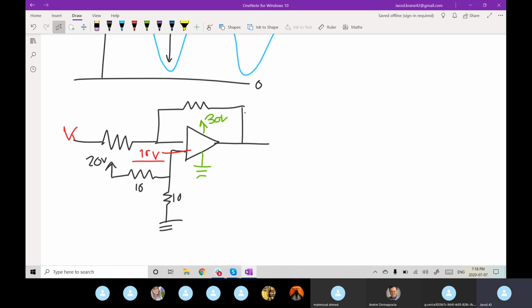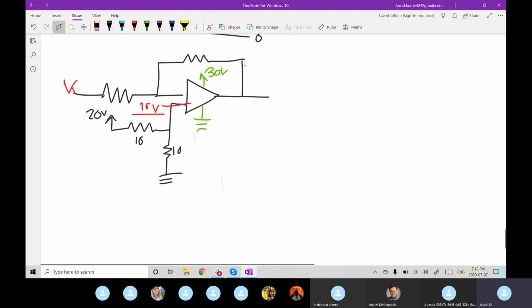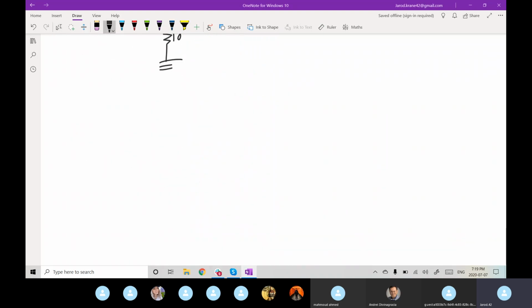Okay. Then we can do our final op amp, which is useful. I haven't done as much on the differential.